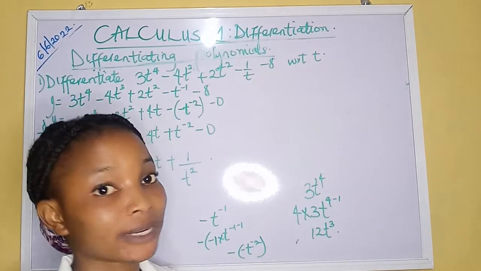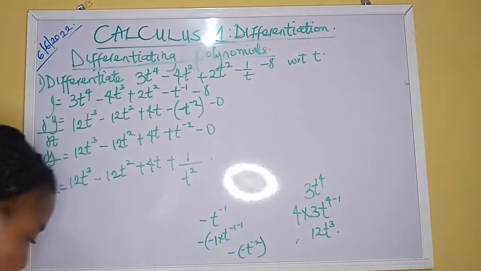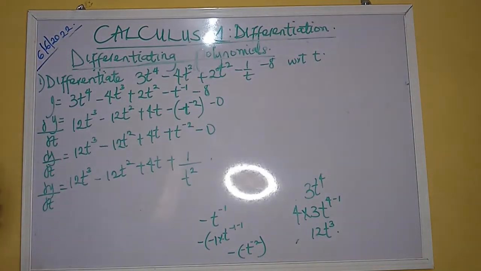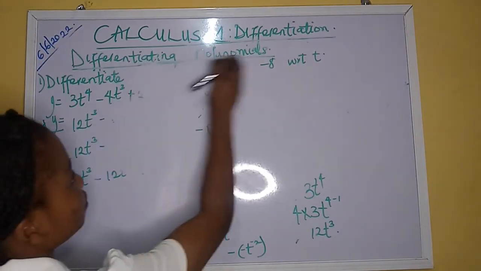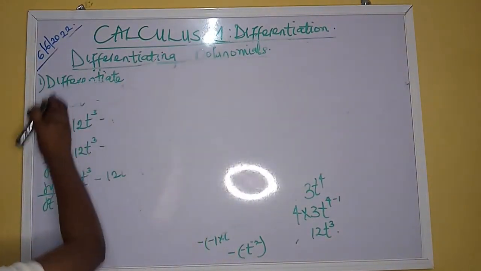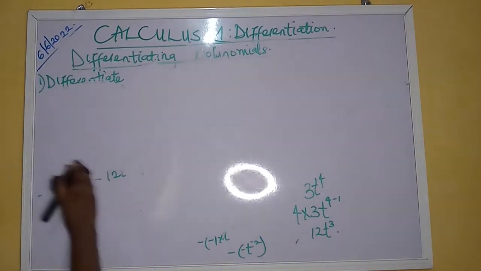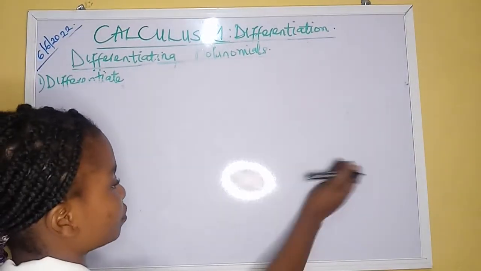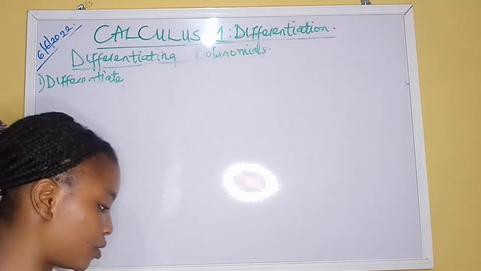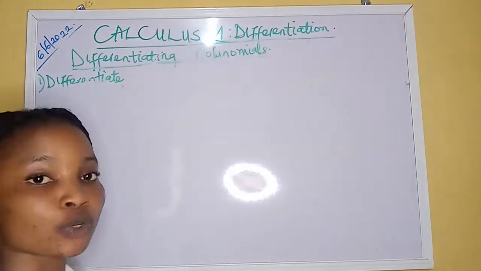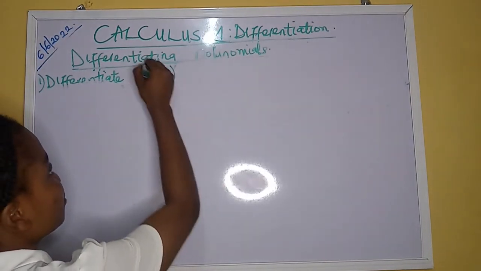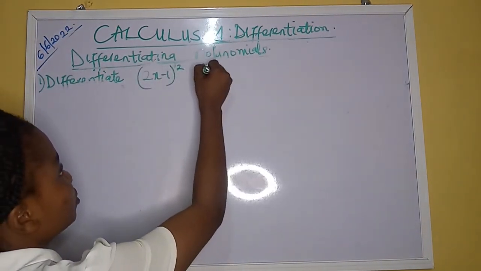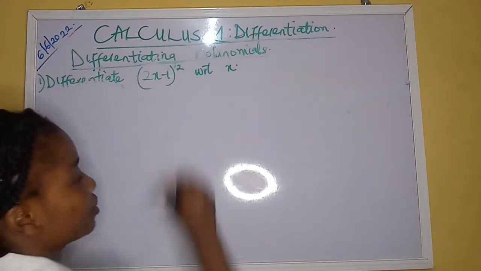Shall we also look into another polynomial question? Another polynomial question here says differentiate 2x minus 1 squared with respect to x.